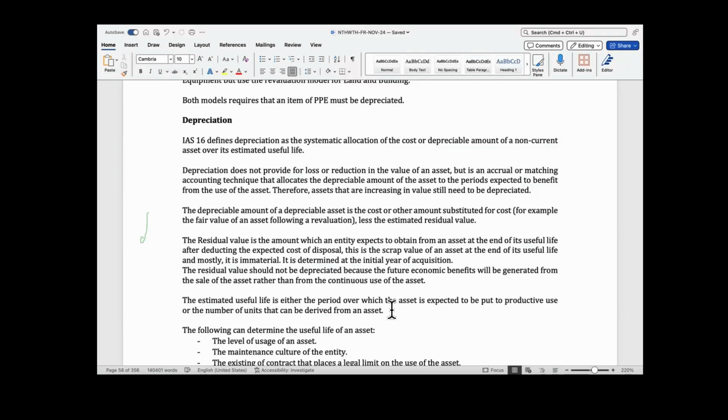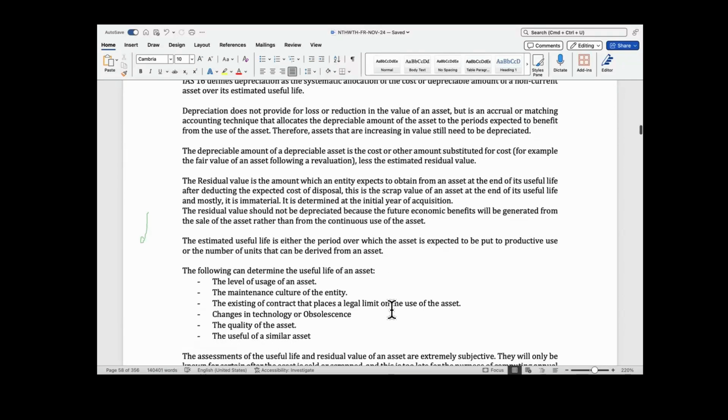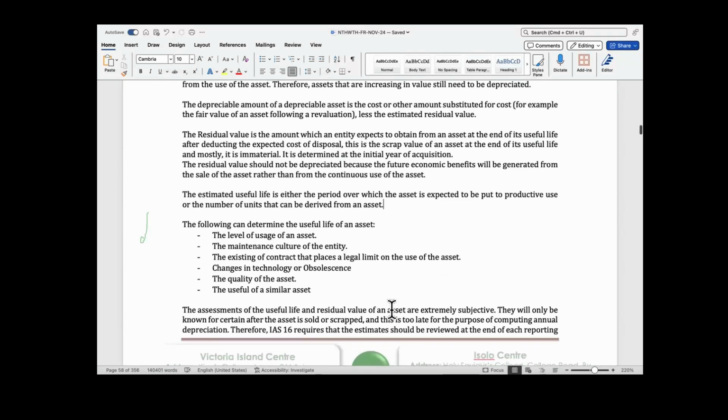And when we talk about useful life, a lot of things can determine the useful life of an asset, from how you use it, the level of usage, to your maintenance culture, to if there is any contract that places legal limits on the use of an asset.